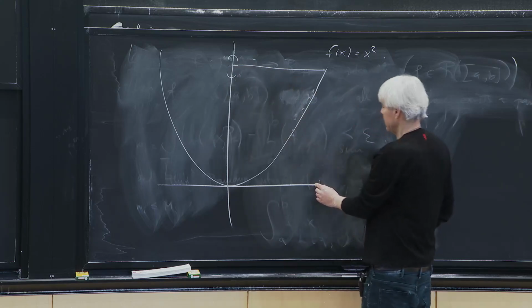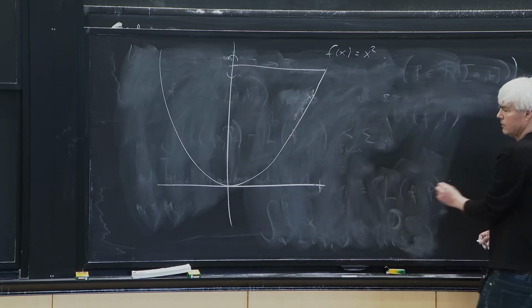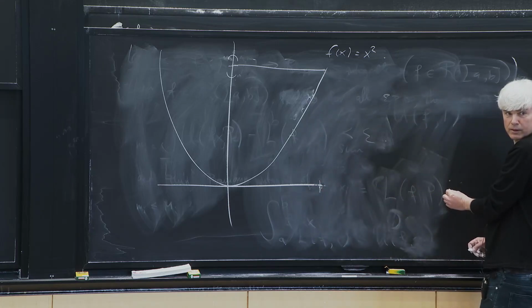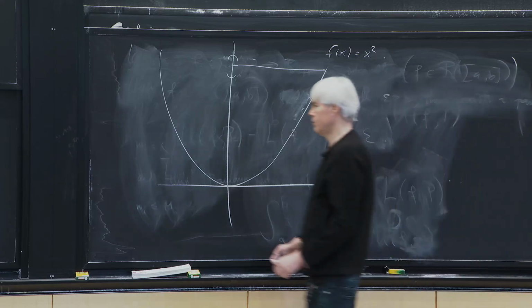As you're moving further and further out, the length of that interval would have to be smaller and smaller, right? But you can't use the same uniform size, so that's why it's not uniformly continuous.